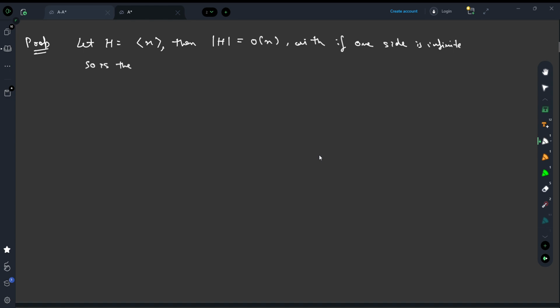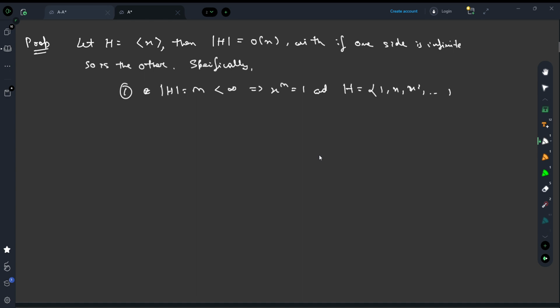Specifically, what I'm trying to say is that the cardinality of H is, say, n less than infinity, which implies x to the power n is equal to 1, and H is of the form 1, x, x squared, till x to the power n minus 1.